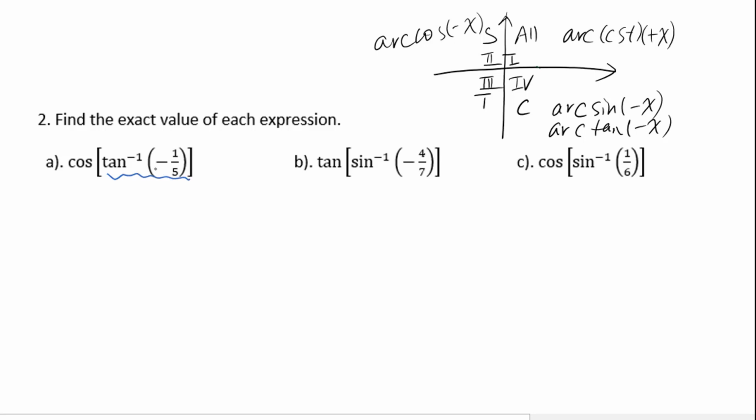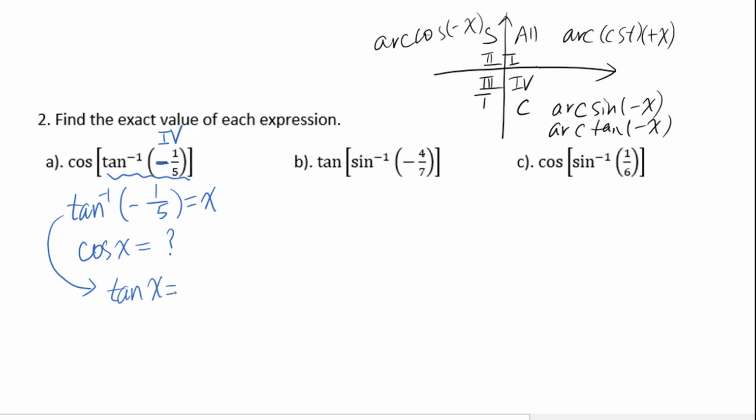So for this one, inverse tangent of negative 1/5, since this number is negative, go to the fourth quadrant. We will make inverse tangent of negative 1/5 equals x. Basically, we are looking for cosine x now. For inverse tangent of negative 1/5 equals x, we know tangent x equals negative 1/5.